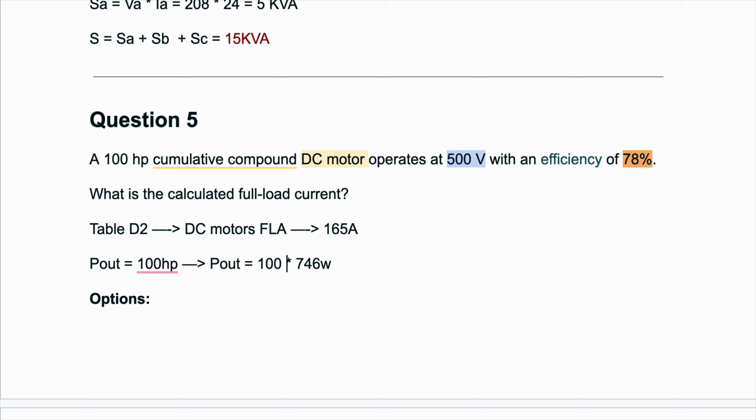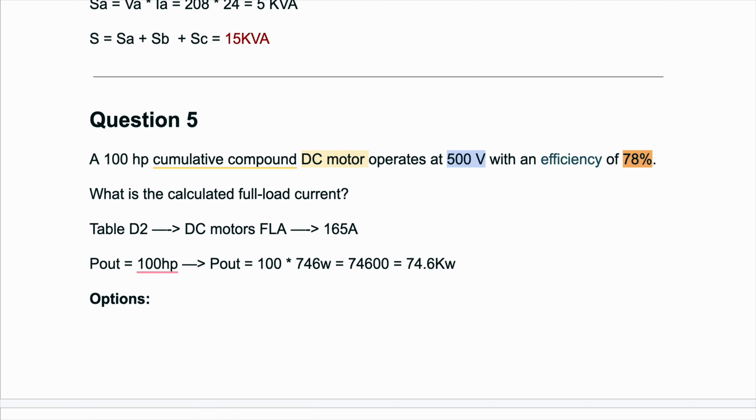This 100 is on the scale of horsepower, so I need it on the watt scale, so it's 74,600, which is 74.6 kilowatts.